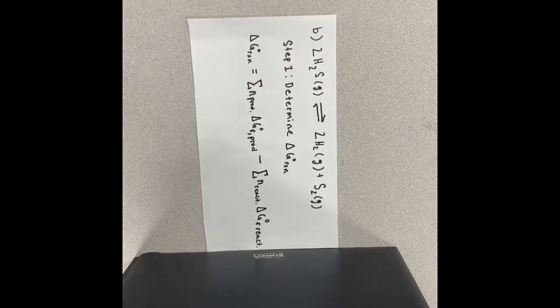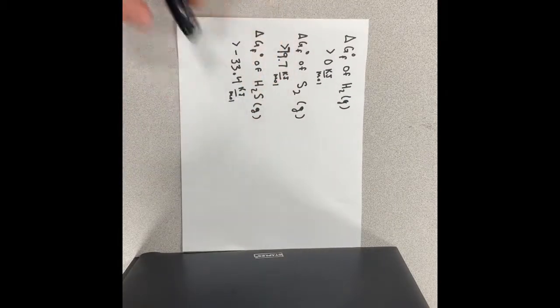Our next reaction that we'll be evaluating is also balanced. So we can hop right into step 1 and determine the delta G of the reaction using our delta G of the reaction equation. Here, we found from the appendix our delta G for hydrogen, disulfur, and dihydrogen sulfide.